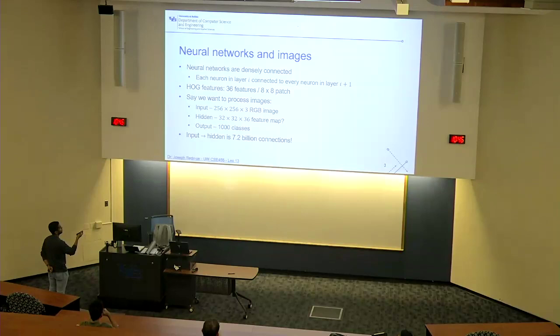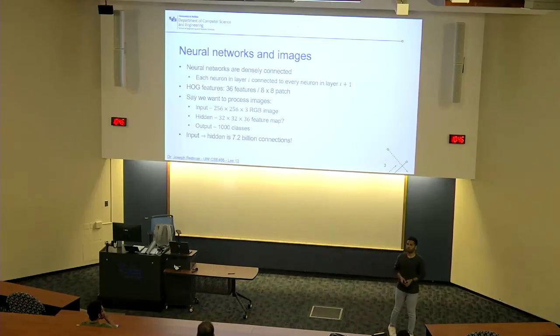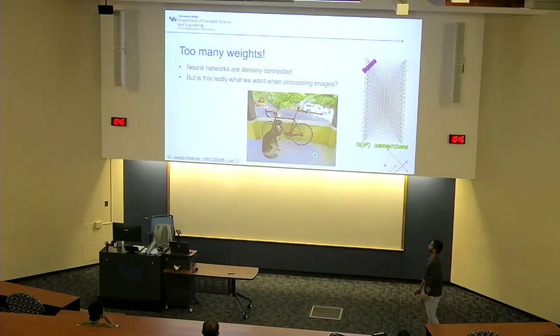So that's a lot of elements over there. And all of these are connected to all of these. So simply going from the input to hidden layer, there's 7.2 billion parameters that we would need to keep track of. So to apply gradient descent or any kind of optimization to that to learn a set of weights, there's an impractical amount of computation.